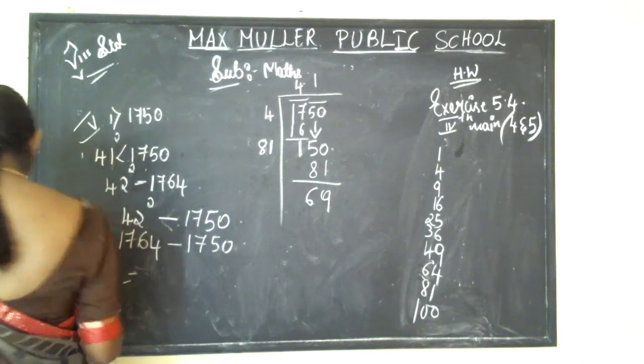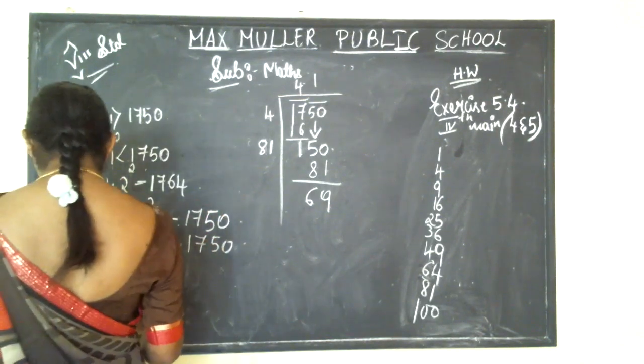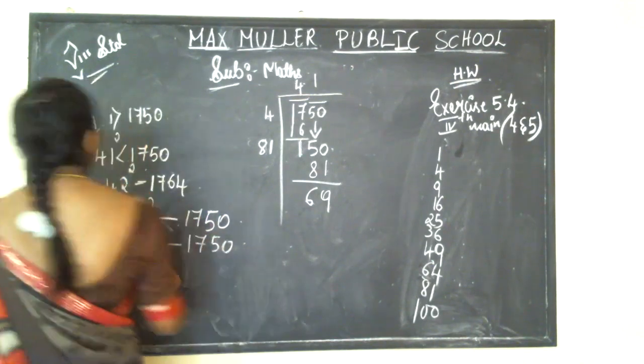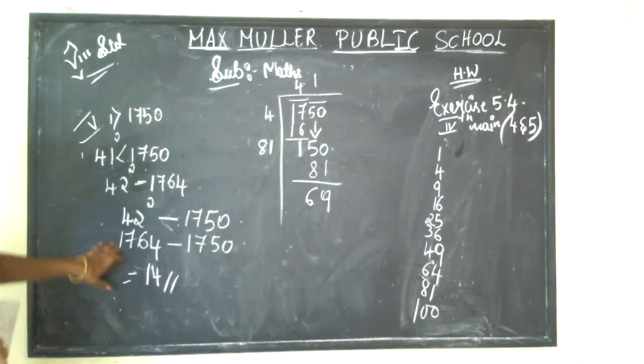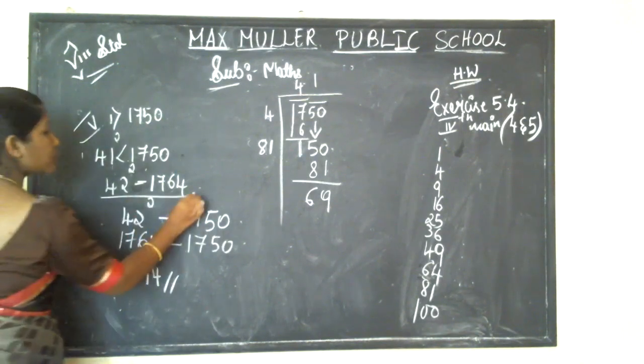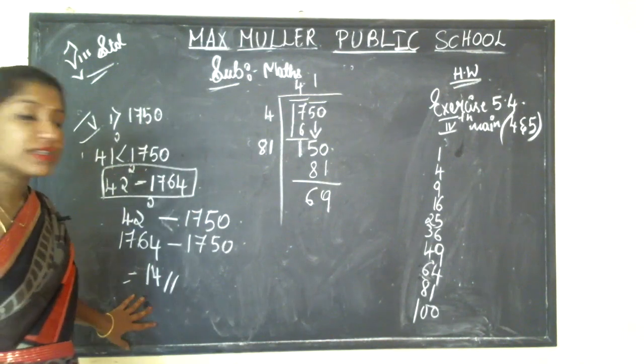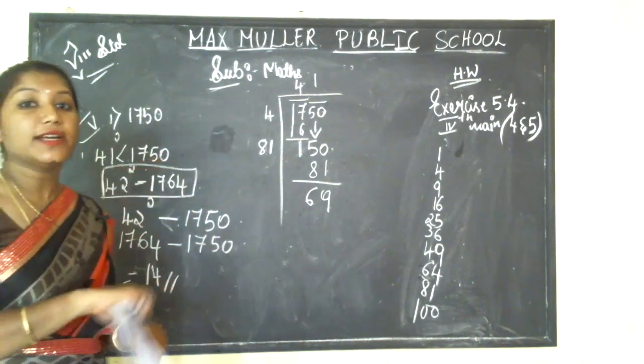If you do, how much will you get? The difference is 14. So you have to add 14 to get the perfect square number. Okay, perfect square number. Hope you all understood.